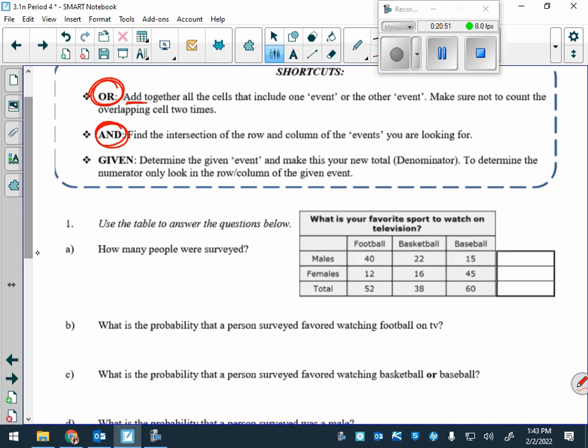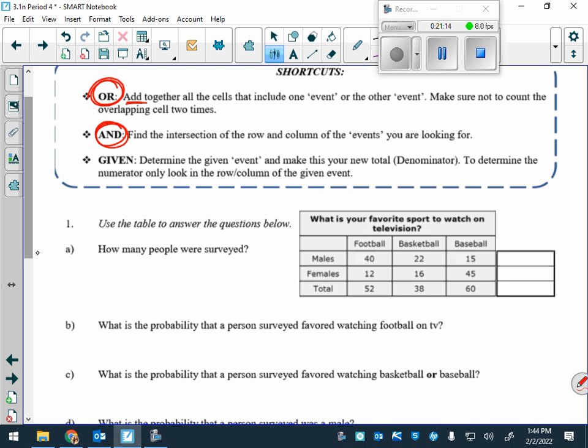Given is the dependent. So if it says given, determine the given event and make this your new denominator. If it starts off with given they like football, this total would be your denominator. Out of that total, how many are male? So 40 out of 52.